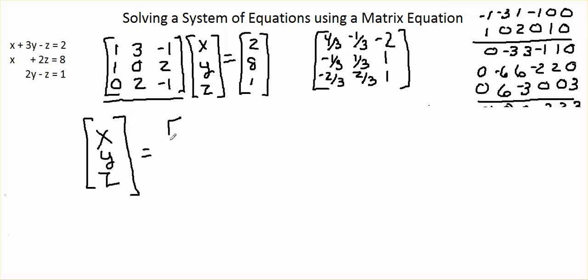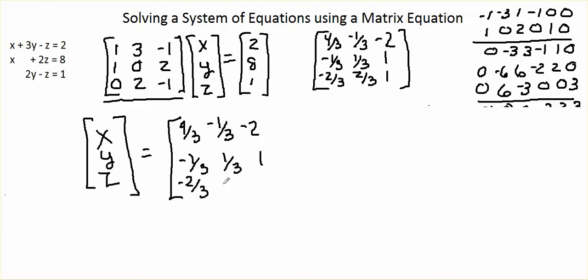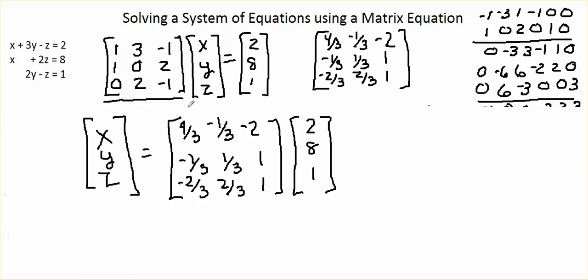But now I'm going to have to rewrite it over here, so that I can multiply it out by my constant matrix, 2, 8, and a 1. So let's lay 2, 8, and a 1 on top.